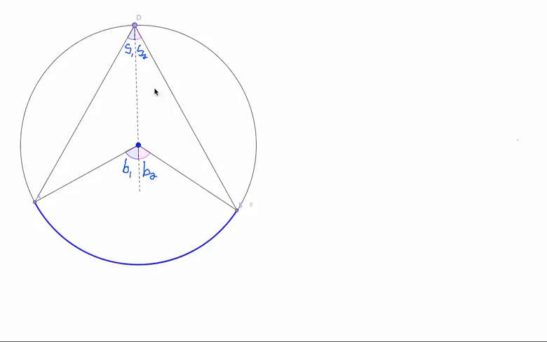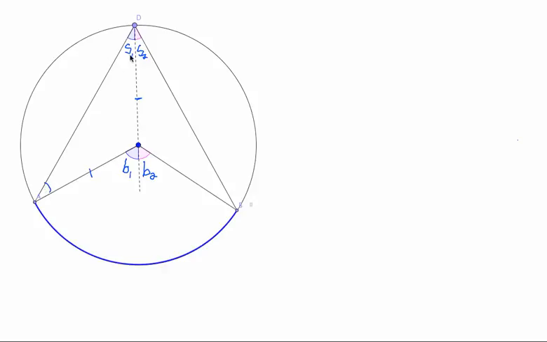The reason why it's useful to split them into triangles is we can use the triangle properties. If we examine this triangle, those two lengths marked are the same length because they're both the radius of the circle, from the center out to the edge. So that's an isosceles triangle we've got here on the left, which means if these two sides are the same, then the two angles opposite those sides must be the same as well.